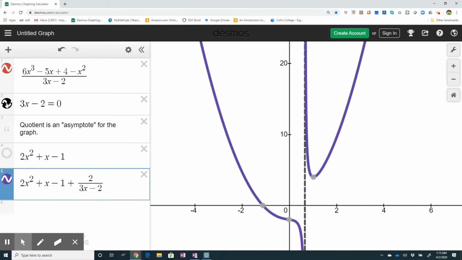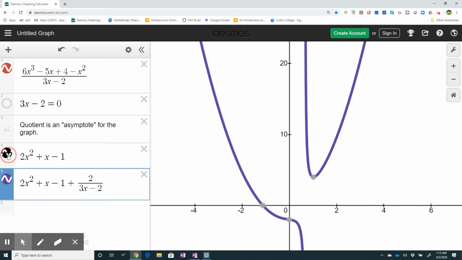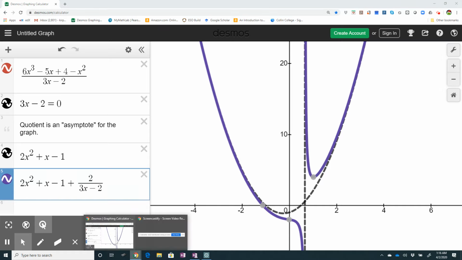Let me hide these asymptotes. Notice that it is the exact same graph. The quotient is what the graph looks like, and the denominator tells you where the vertical asymptotes are. They don't go that far in this section, but I thought it's really cool.